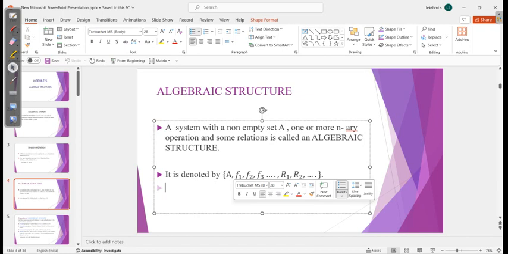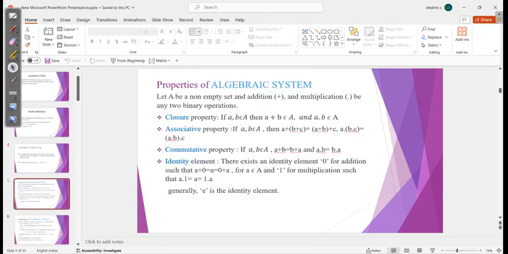Then what are the properties of an algebraic system? So, the properties of an algebraic system.